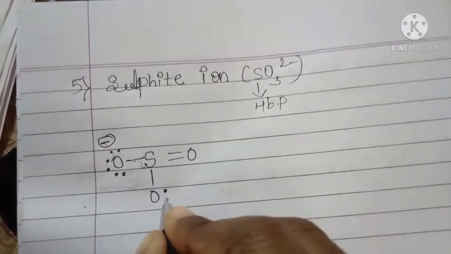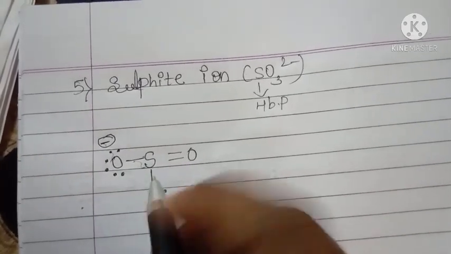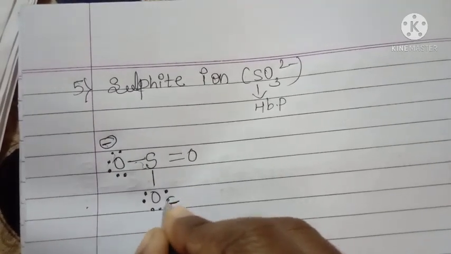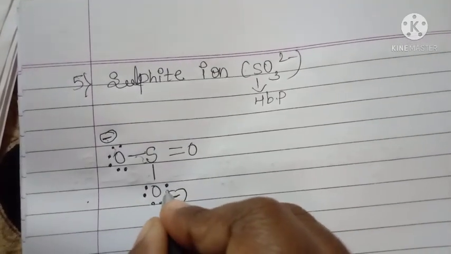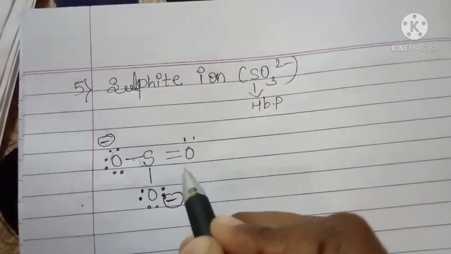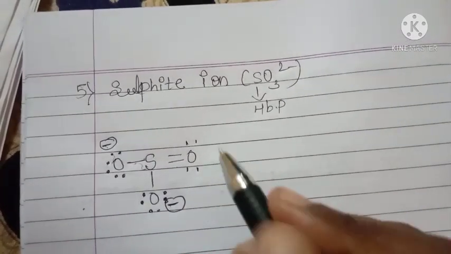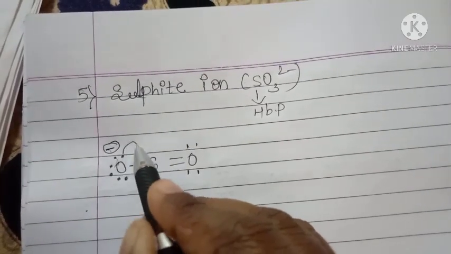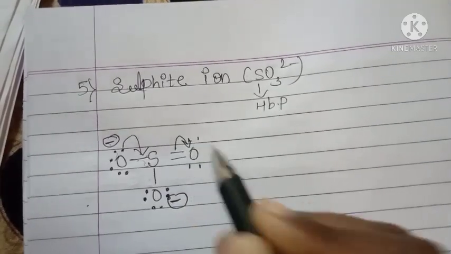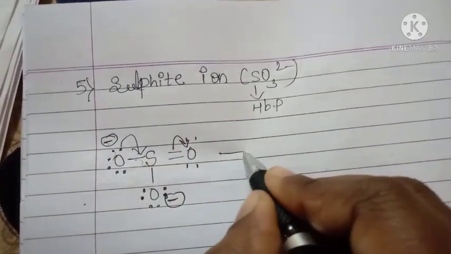Then this oxygen also has 3 lone pairs because it has only one bond, so it carries another negative charge. Then this oxygen has 2 bond pairs and contains 2 lone pairs. Here this lone pair is converted to a bond pair and this bond pair is converted to a lone pair.